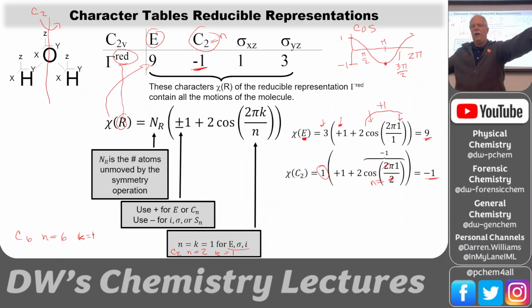You've got the nitrogen and the hydrogens here. And a third of a turn will take this hydrogen and move it over to that one, right? But a minus third of a turn, a C3 to the k equals minus 1, would be moving it this way. So we have 2 different C3s because they have different results. We have a C3 to the first power, or we have a C3 to the minus 1 power.